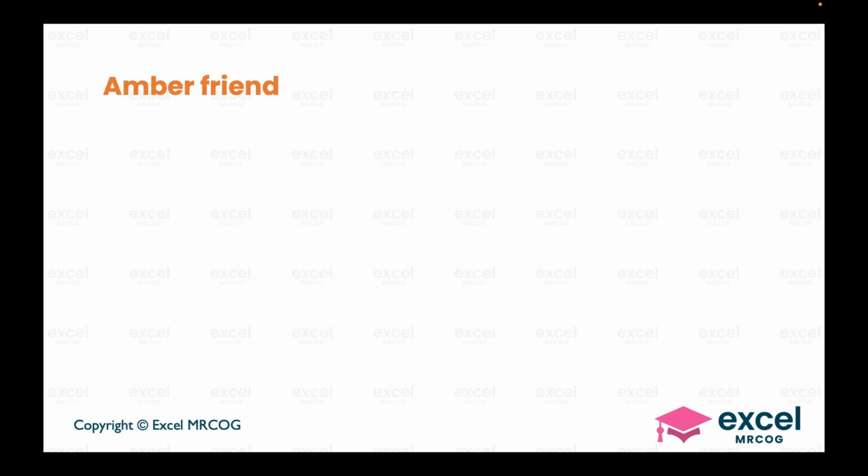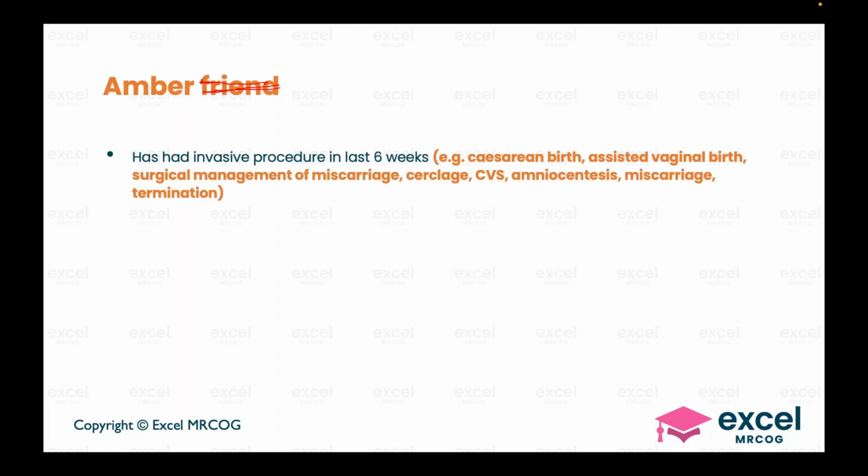All right, continuing with the amber signs. I think there's a spelling mistake. Amber signs. So there is suspicion of infection, and she's undergone an intervention in the last 6 weeks. Here again, you need to look into this. You cannot ignore a patient who has, say, mild fever, and she's undergone surgery related to obstetrics in the previous 6 weeks.